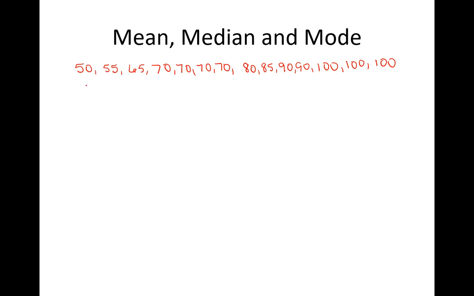How many good test scores? 1, 2, 3, 4, 5, 6, 7, 8, 9, 10, 11, 12, 13, 14, 15. Double count that. 1, 2, 3, 4, 5, 6, 7, 8, 9, 10, 11, 12, 13, 14, 15.